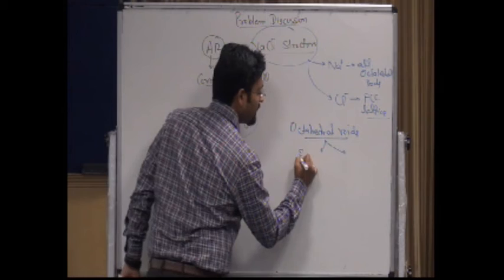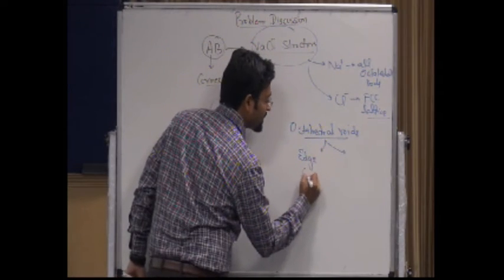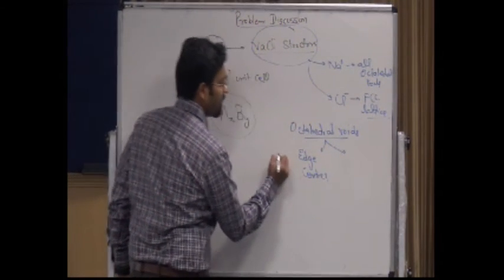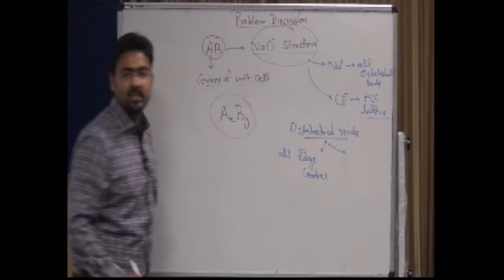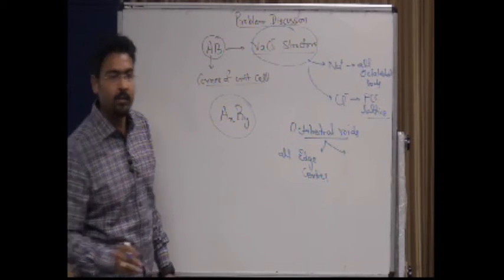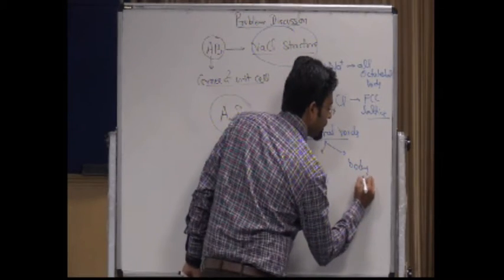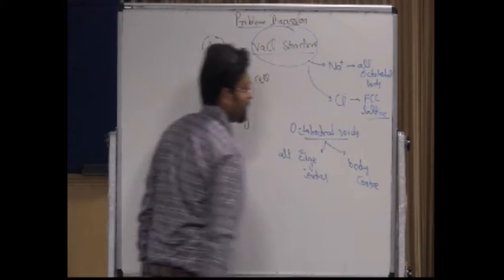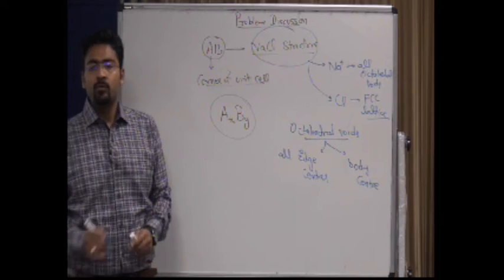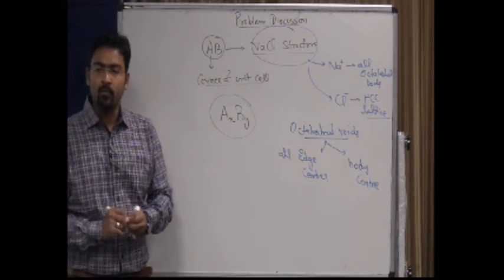One is at the center of each edge, so in FCC all edge centers have an octahedral void, right? And they're also present at the body center.